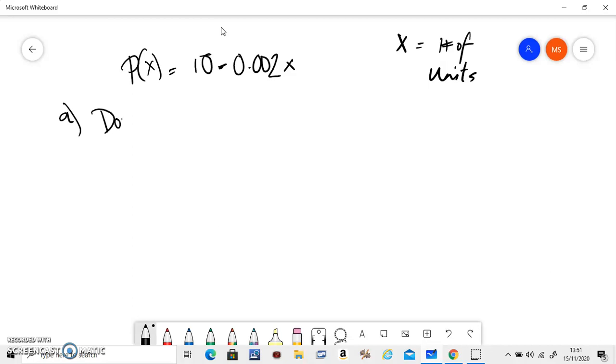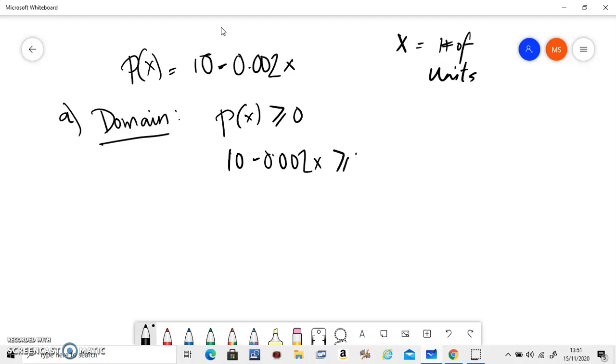If I tell you find the domain of the price function, now if you're selling anything in your company, the price should always be bigger than or equal to 0. So whatever the price function is, should be bigger than or equal to 0 always. And also remember that x is always bigger than or equal to 0.